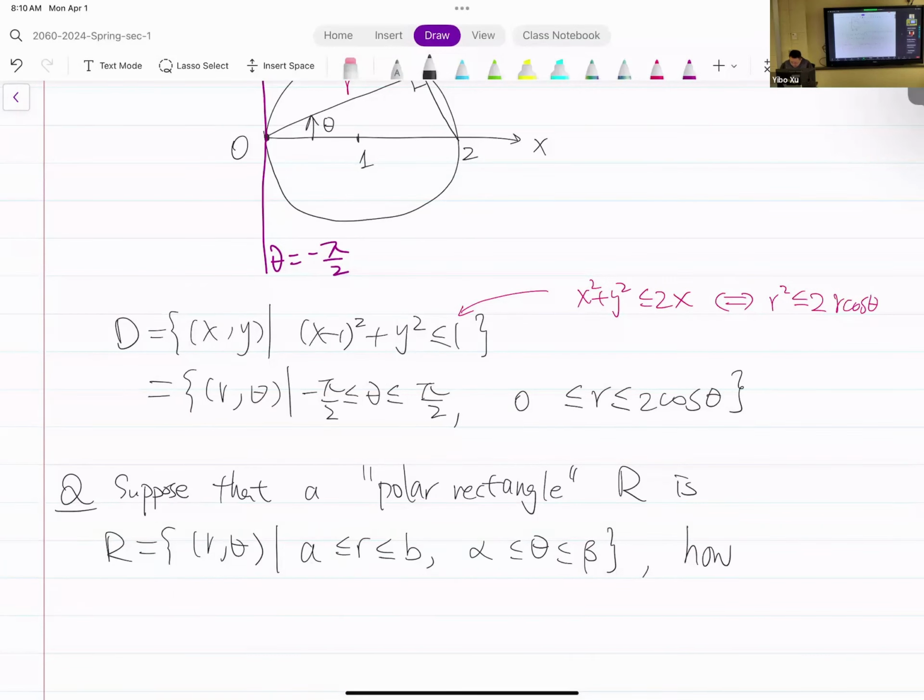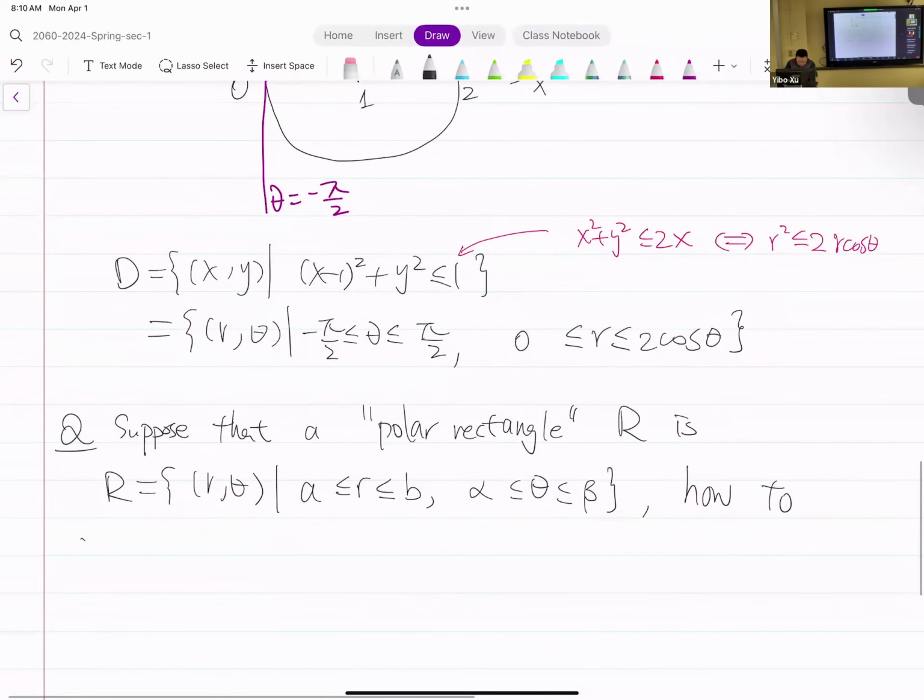How to compute the double integral over this region of a function f of x, y?